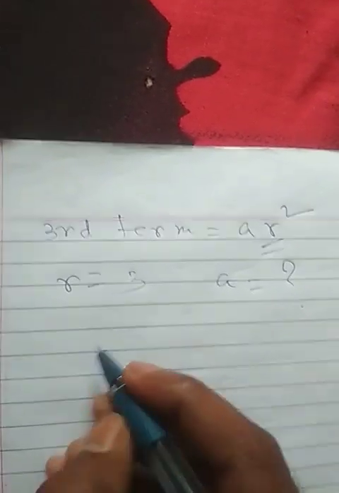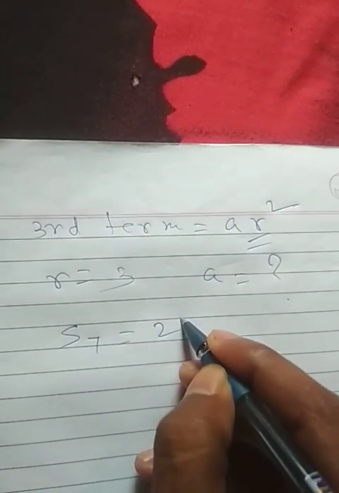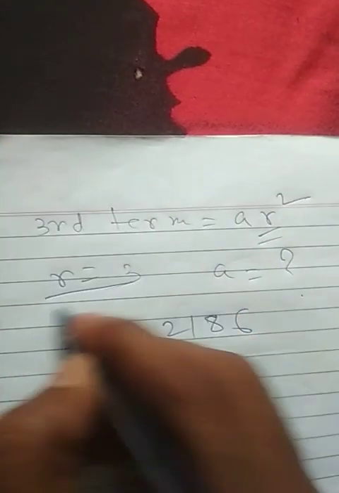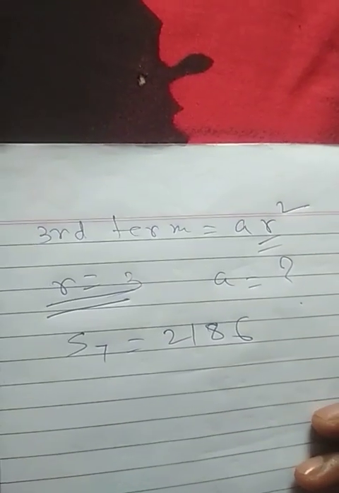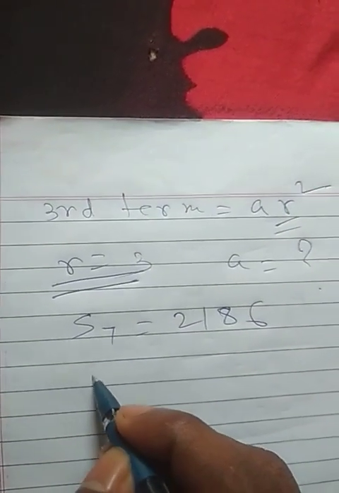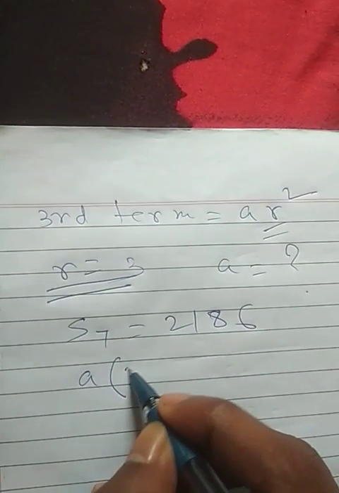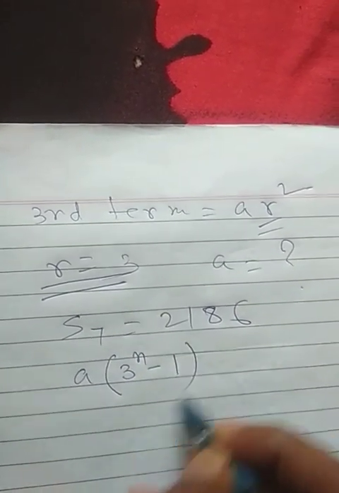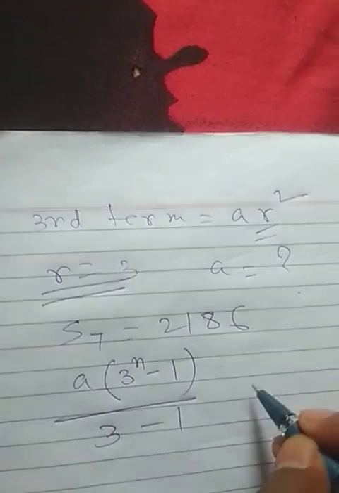And for that there is one more thing given. S7 is given, 2186. S7 means, and here you know that R is greater than 1. The formula is A into 3 to the power n minus 1 by 3 minus 1 equal to 2186.